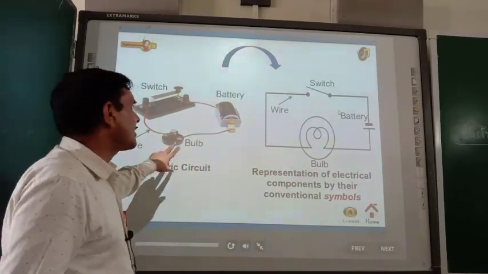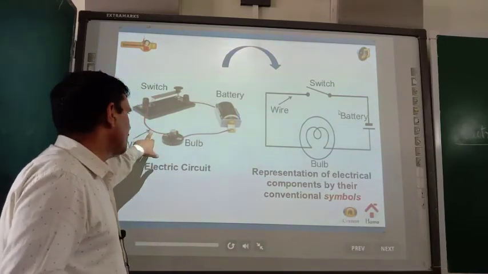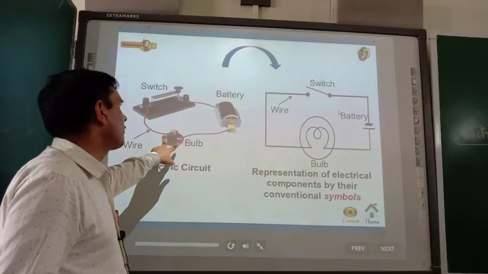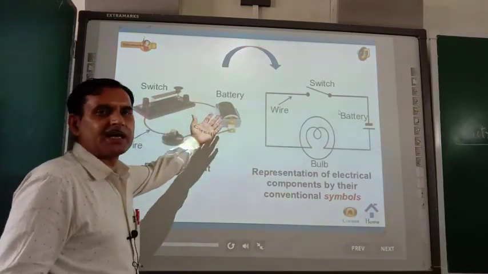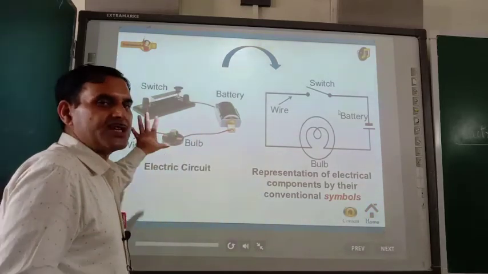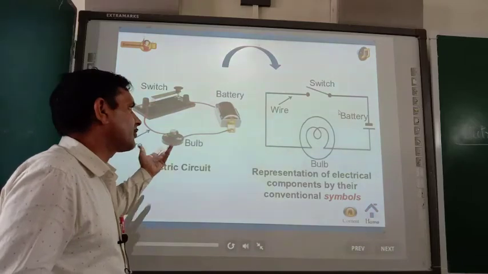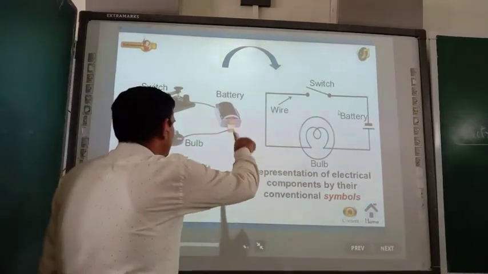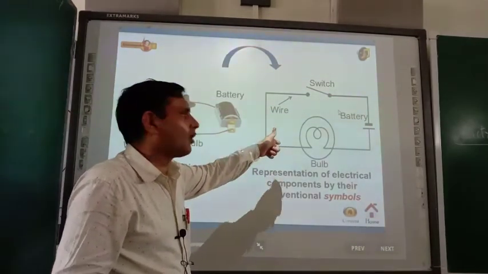So just try to understand. For making an electric circuit, what do you require? You require wire, you require one bulb, you require switch, you require source of current, that is battery. If these things are there, very easily you can make the electric circuit. Now these electrical components can be shown by certain symbols.